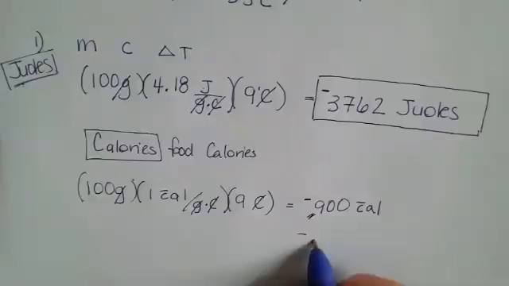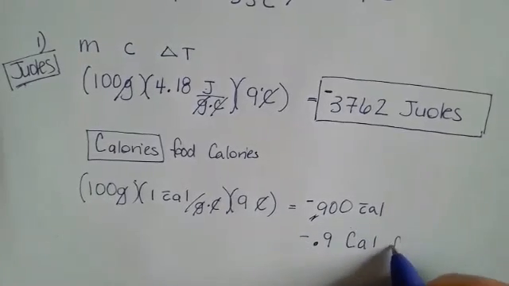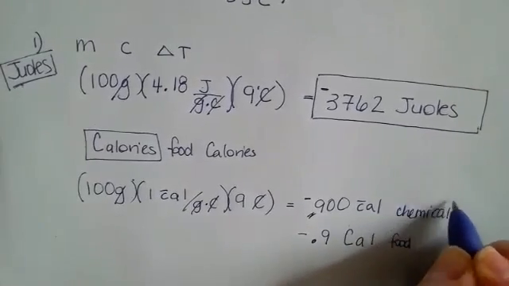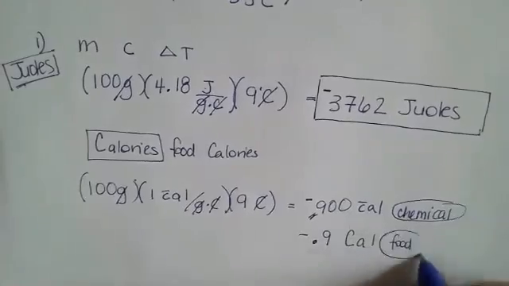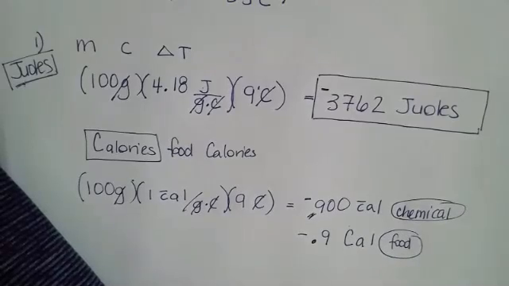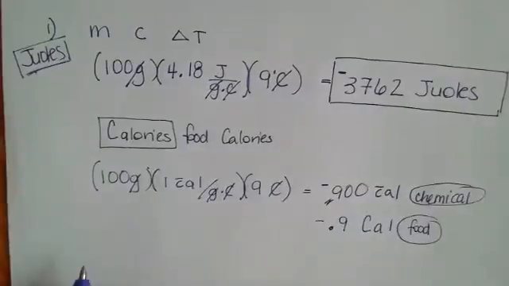So now I'm going to put 0.9 food calorie. Again, this is food, and this is chemical. If you didn't write it down yet, make sure you write it down somewhere. All right, so we have food calorie and chemical calorie.